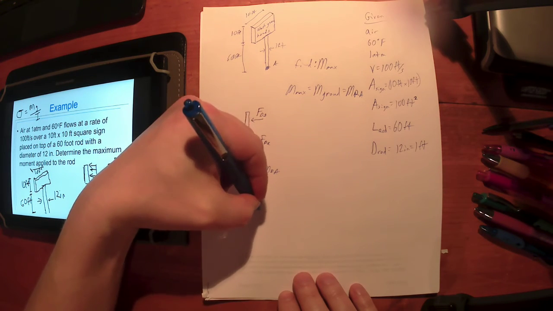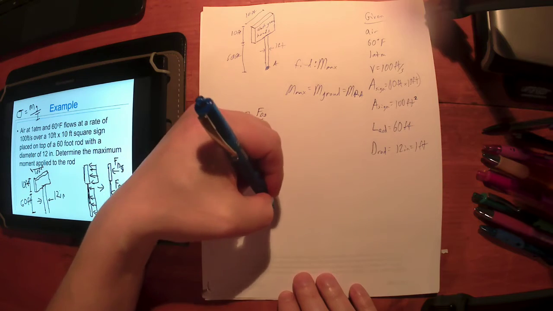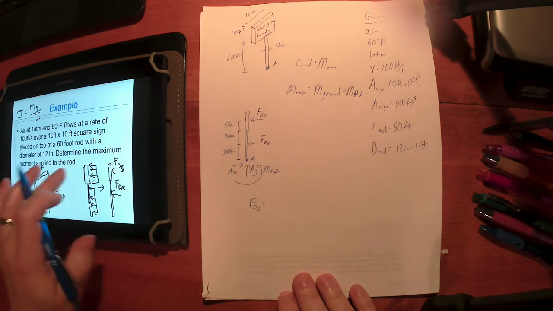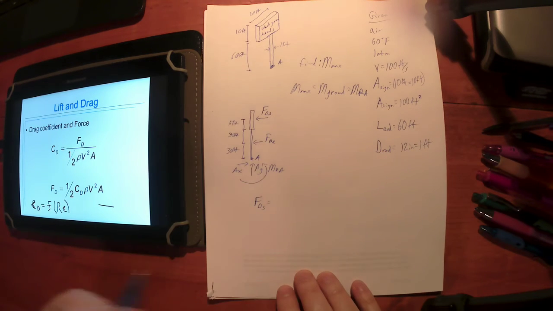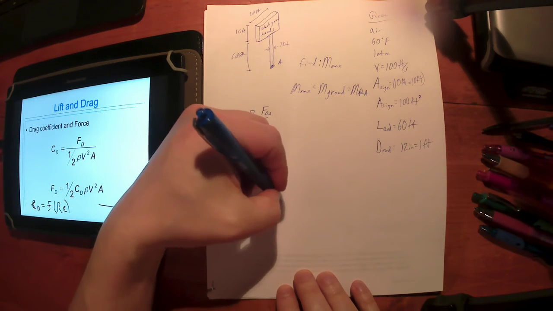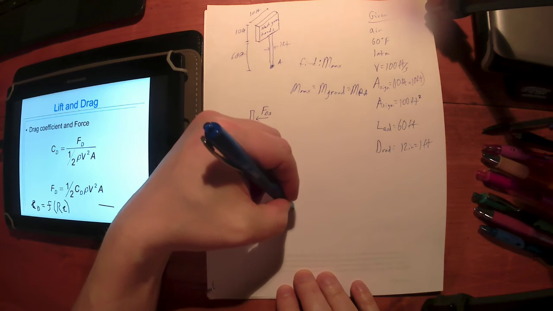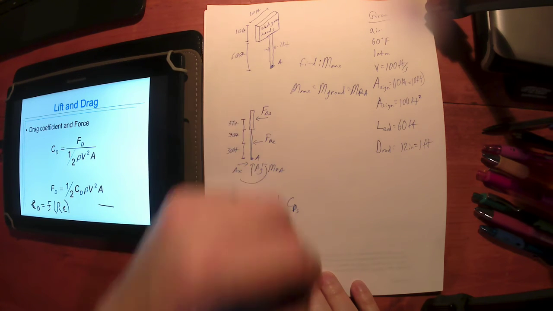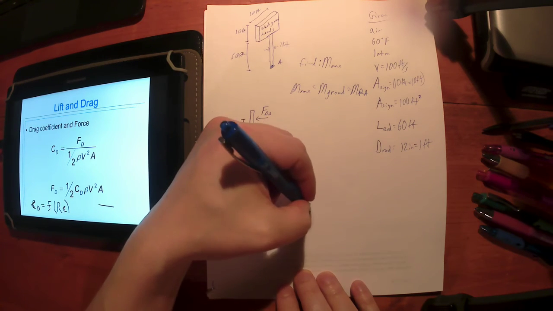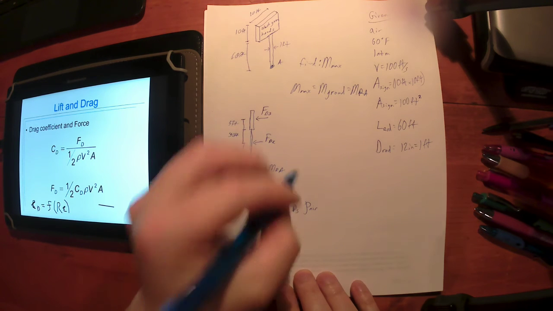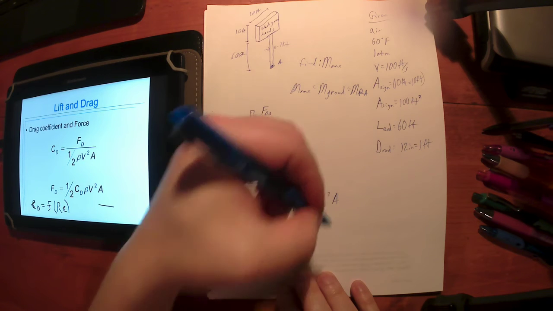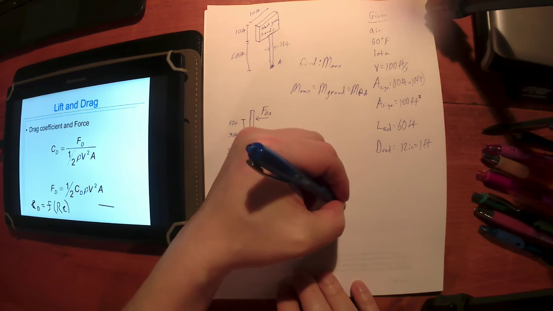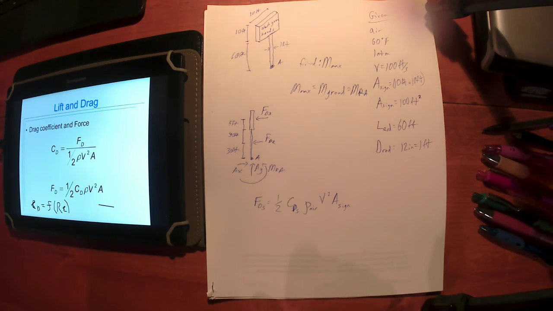So the drag force on the sign is going to equal, and we said earlier, it's the lift force. We said the drag force right here. The drag force is 1/2 coefficient of drag for the sign times the density. This is going to be the density of the air times the speed squared times the area of the sign facing into the wind.